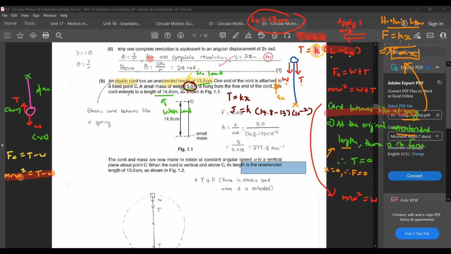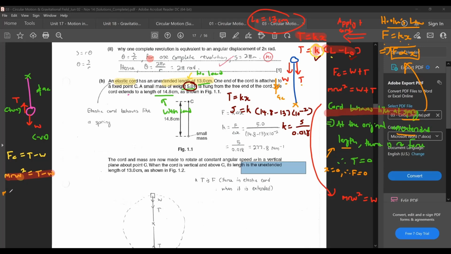So all in all, your K is going to be 5 over 0.018. So you've tackled this part where you know what K is and you know what L0 is. The only unknown here is your L. So you try to sub it back to your original equation.